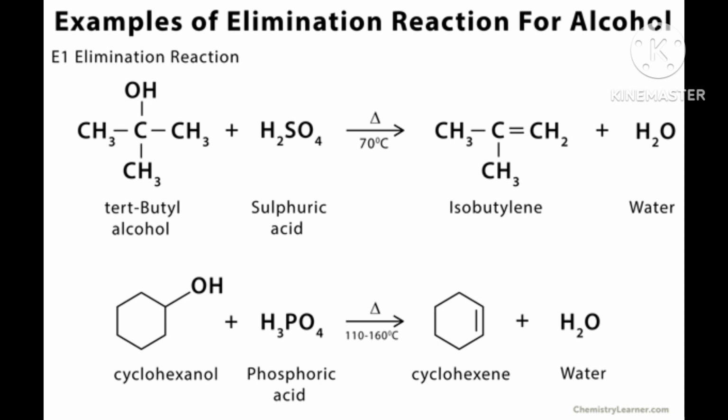And when both their angles are the same, right side and left side, then it is optically inactive. Okay, but always it is not necessary. But racemization can take place if both L and D are forming, then it is called racemization. Now I am telling you about the elimination reaction.